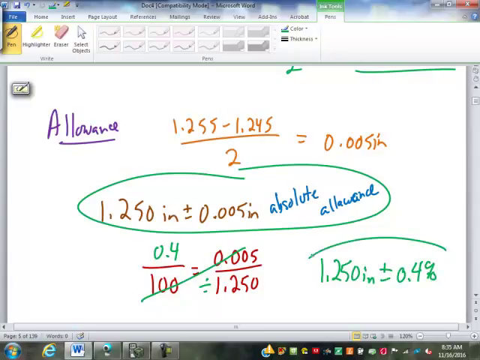Did everybody get that? Why do you divide by 0.5 instead of 0.005? 100 times 0.005 is 0.5. Then divided by 1.25.